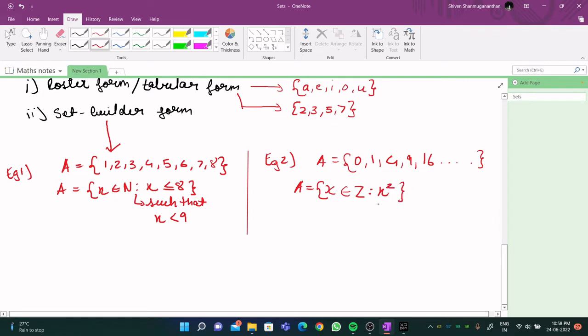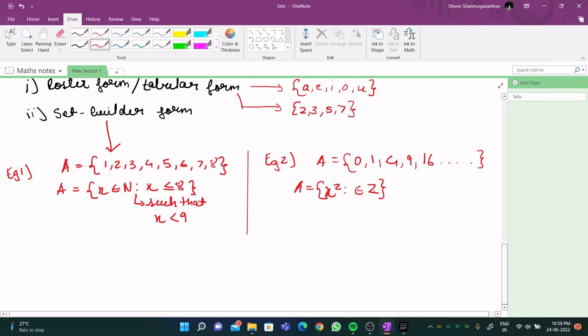Fine. So this should work as we see. We have put integers here because even if we take minus 1 square or minus 2 square, we'll still get 4. So this checks out. Or a better way of writing this would be actually the other way around. A is equal to x square such that x belongs to integers.